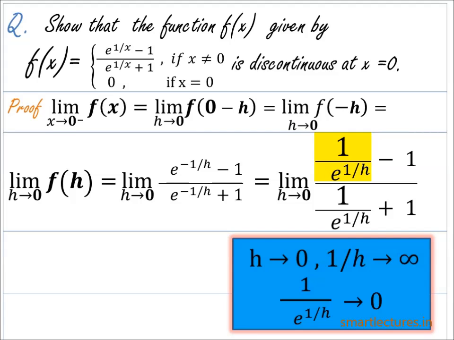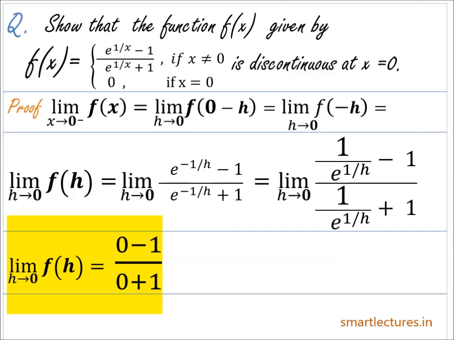And 1 divided by a big number, infinity, is equal to 0. So that means the limit h approaches 0 1 upon e raised to the power 1 upon h is also equal to 0. So now this limit becomes 0 minus 1 upon 0 plus 1, which is equal to minus 1.